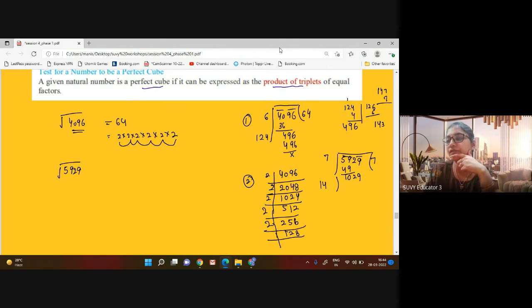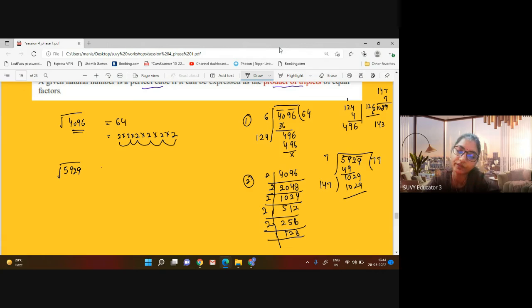Let's say 147 into 7. 7 sevens are 49, 4. 7 fours are 28, 28 plus 4 is 32. 1029. Right? So 147 into 7, 1029. It's a direct way. Your answer over there is 77. So the answer to this question is 77.